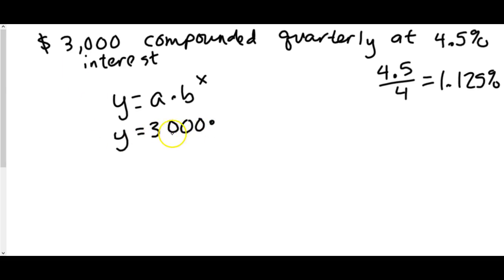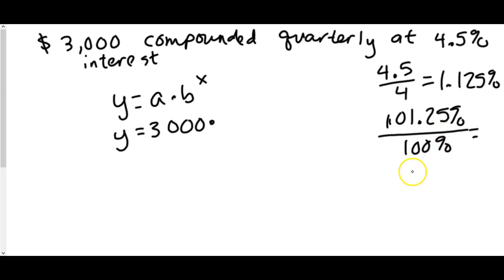We're considering that 100% of our money, and we want to earn 1.125 on top of that. So 100 plus 1.125 is 101.25%, which then we don't want it written as a percent, so we have to divide by 100. So that gives us 1.0125. That will be our growth factor.